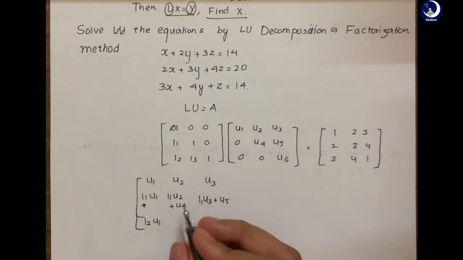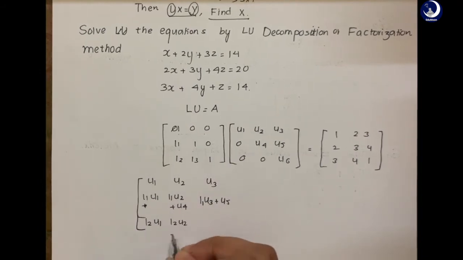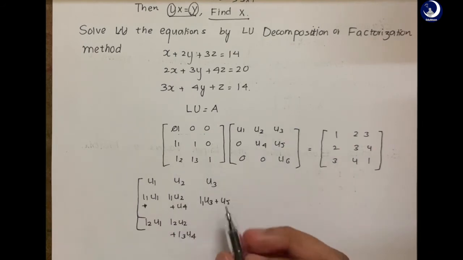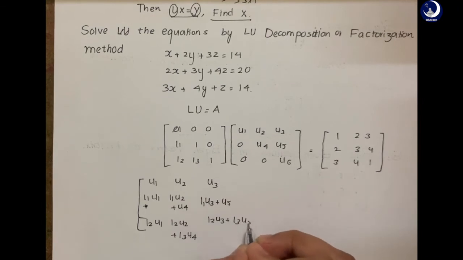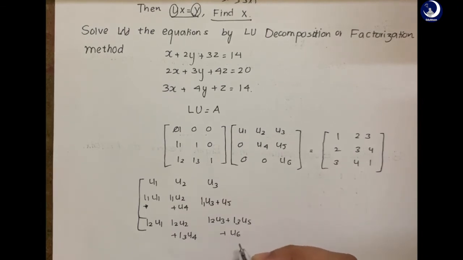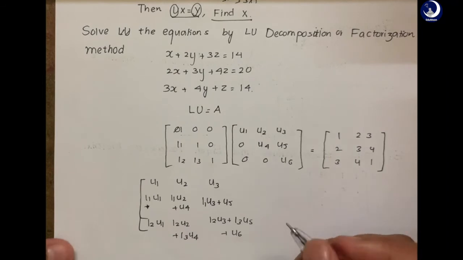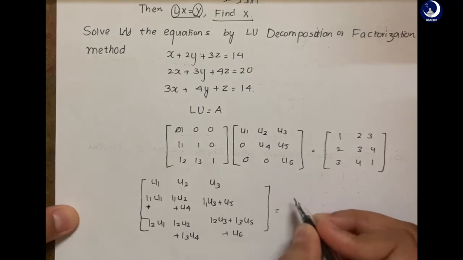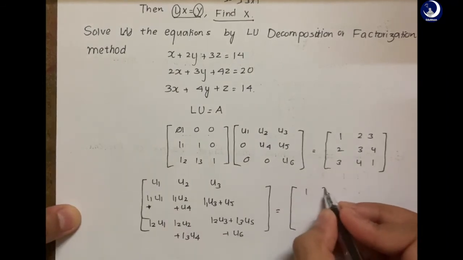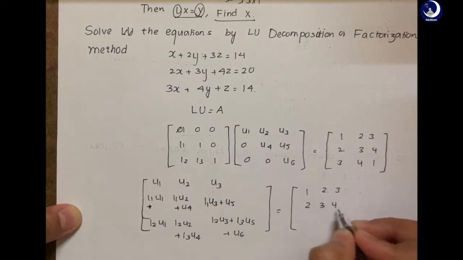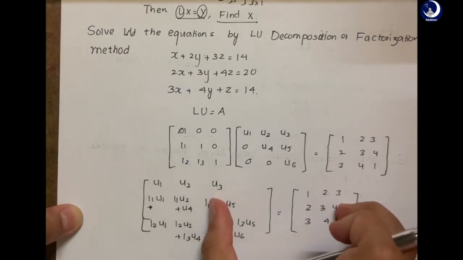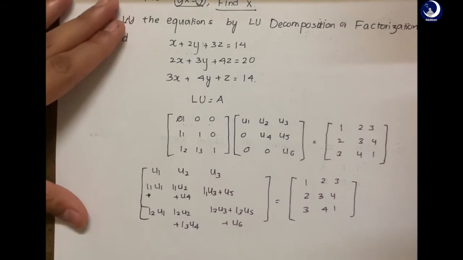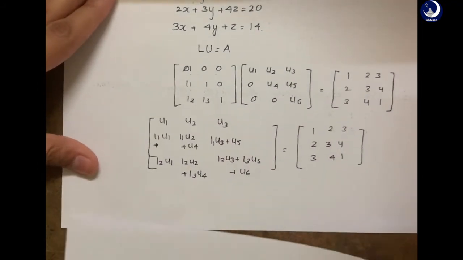Third row with second column. Third row with third column. Let's equate these two matrices and find these variable values.